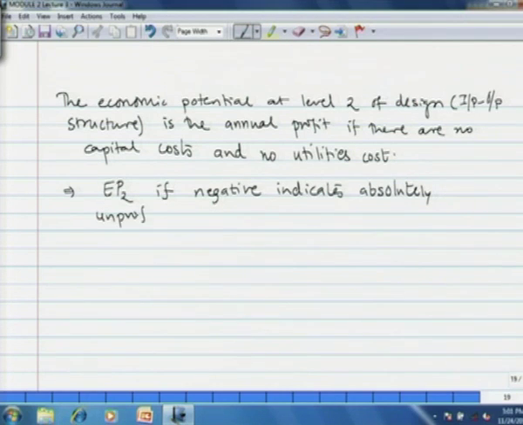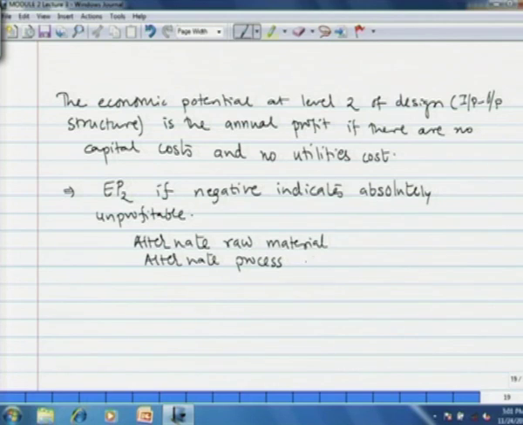Now, in such case, we have to look for alternate raw material or alternate process itself that has different chemistry.